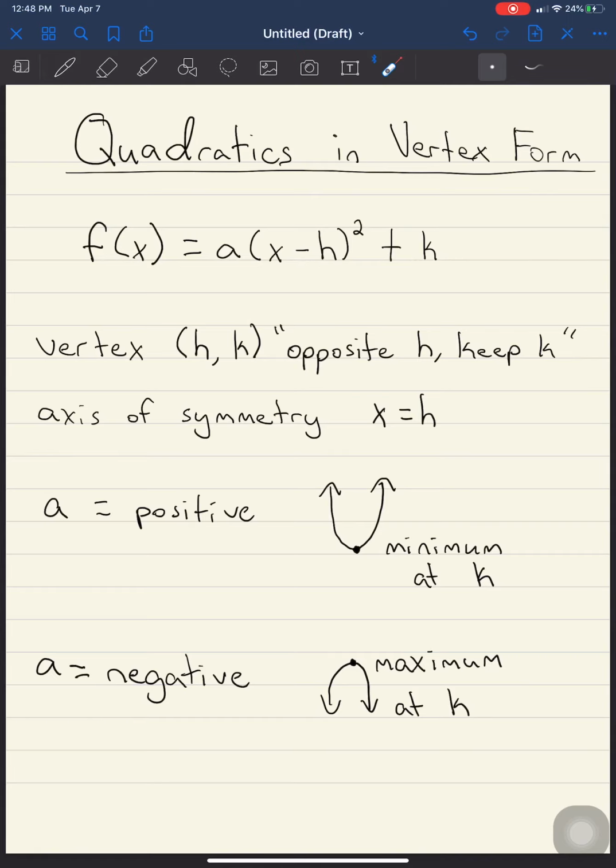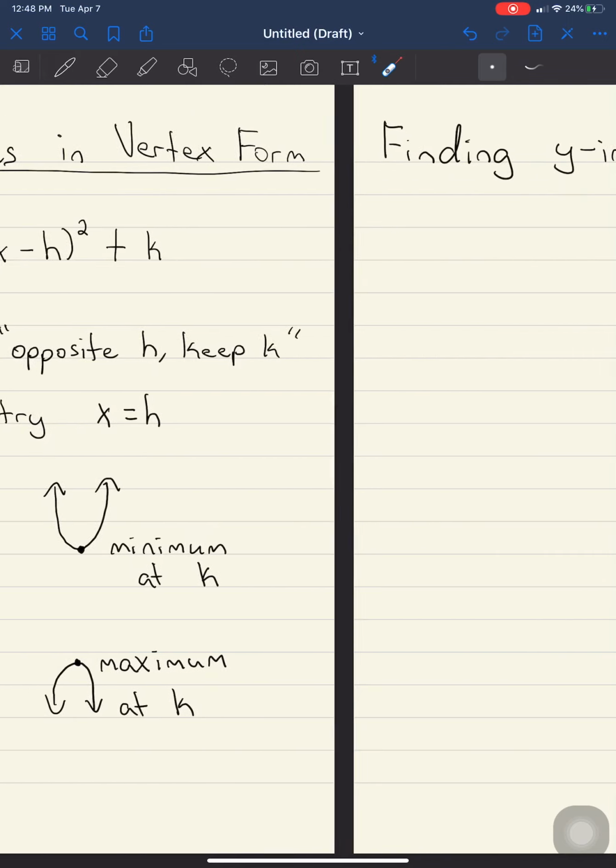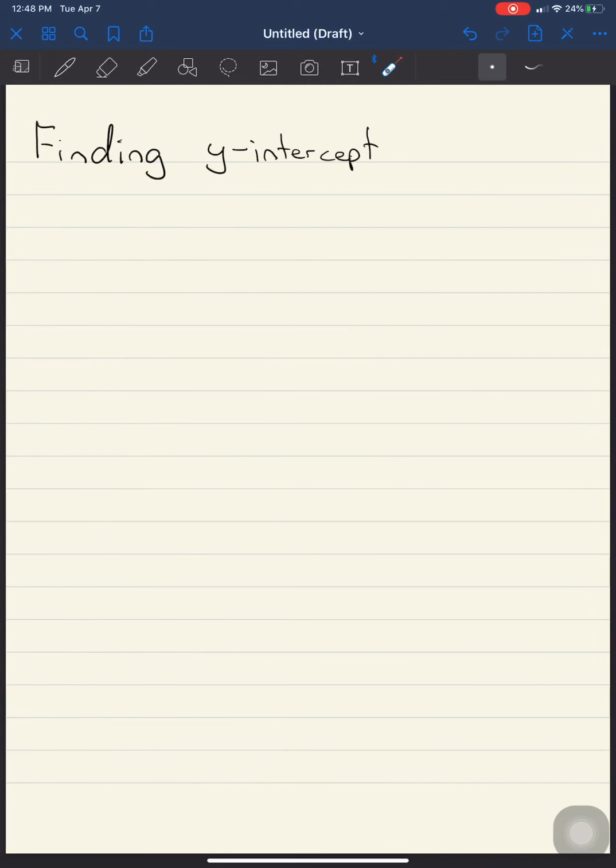So what we want to do first is go over finding a y-intercept. A real easy way to find our y-intercepts is thinking about our graph. If I have a graph here, I could go all along this line right here, and it doesn't matter where the point is on there, it would be a y-intercept.